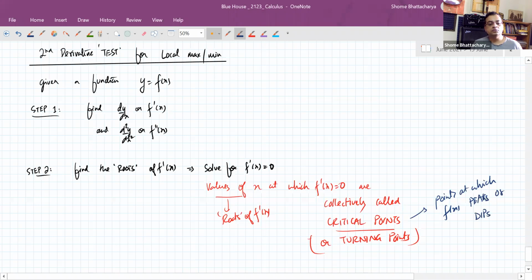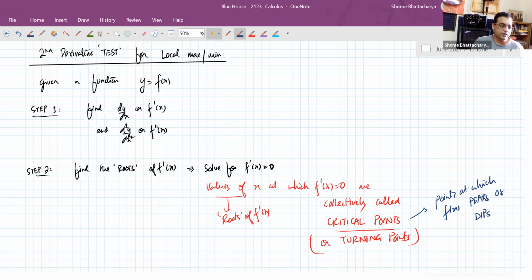So collectively we call them the turning points because the behavior of the function changes. At a peak point, it changes from increasing to decreasing. At a dip point, it changes from decreasing to increasing. Okay. So these are collectively called the turning points or the critical points.